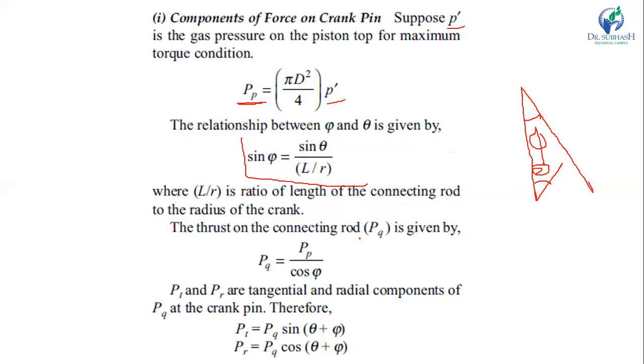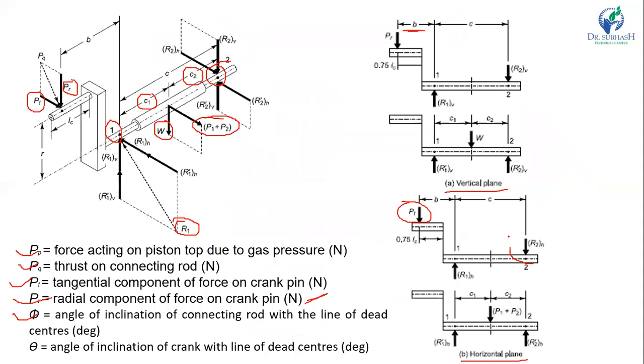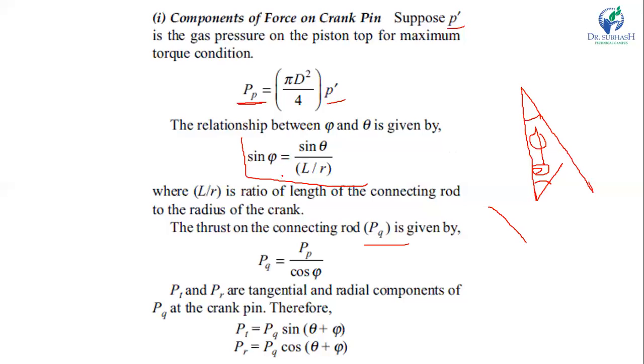Now, the thrust on connecting rod PQ acts in this direction, as you can see in this figure. The value of this thrust load PQ is given by PP upon cos phi.